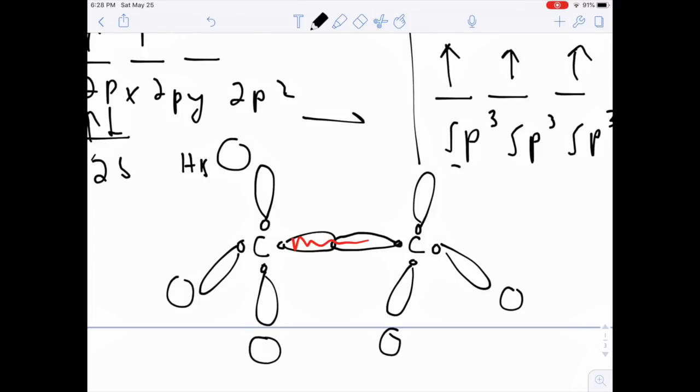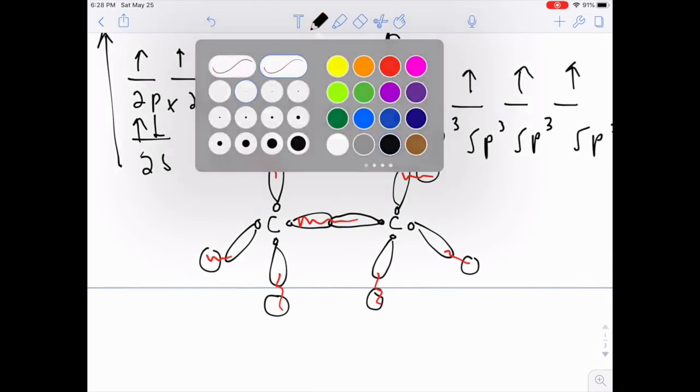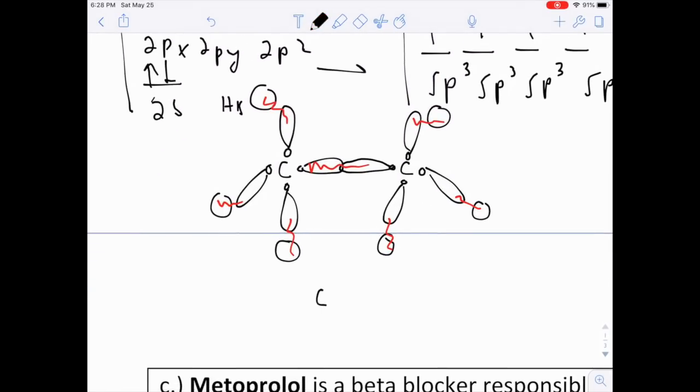So we said that there are 6 of them, and those are going to overlap with the sp3 orbitals of each of these carbons to form more bonds. So that's the bonding pattern for ethane. And this is the orbital diagram, but it's more commonly written as something like this. So that is ethane.